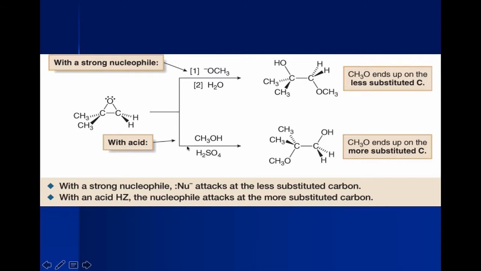Here, however, we are using methanol as the solvent, and we're using sulfuric acid. So we're clearly under acidic conditions. So what happens is the sulfuric acid protonates the oxygen. That makes this carbon-oxygen bond weaker, and so now the nucleophile will attack at the most substituted carbon and give us this product. So that's kind of cool. We can pick where our nucleophile goes by choosing what types of conditions we are using.